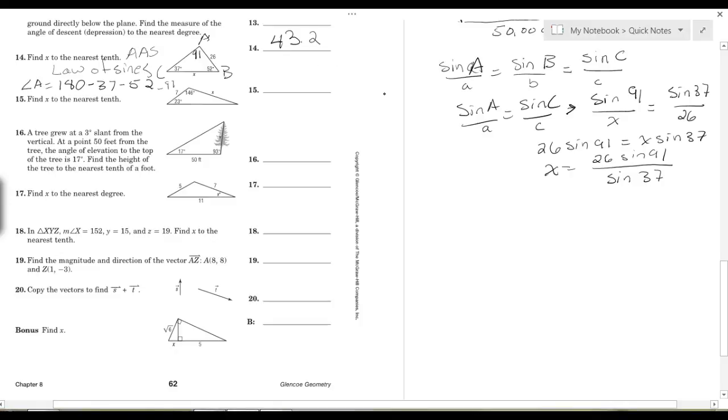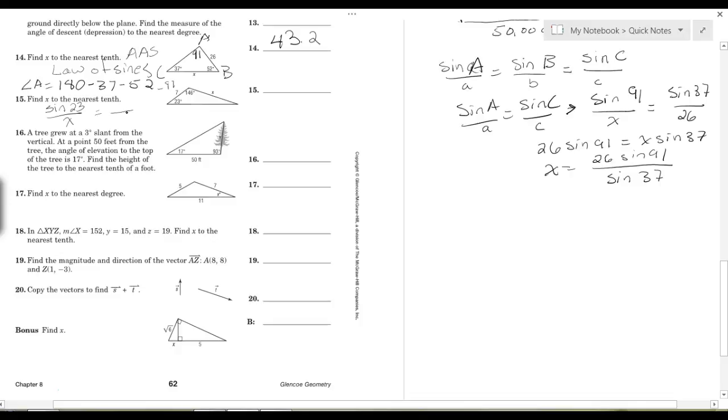Now my next two problems are also going to use the law of sines. And again, here I've got two angles, two sides. I have a 23-degree angle with X across from it. So I know I'm going to end up with sine of 23 over X. And my other side that I have is 7.